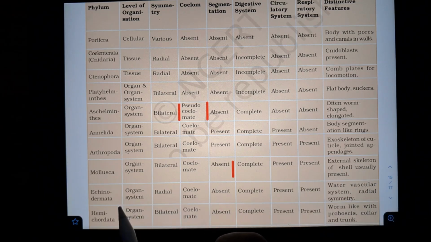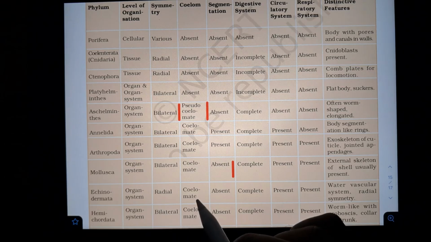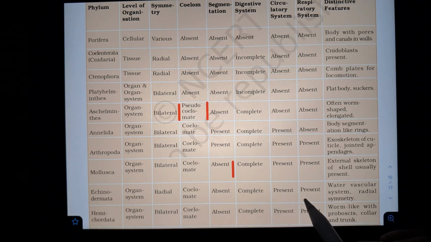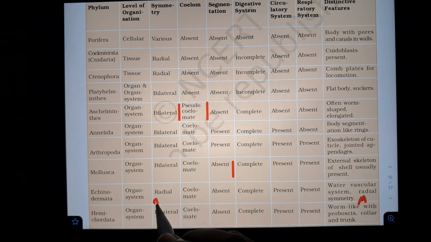Next, Echinodermata: organ system, radial symmetry, coelomate, and no segmentation. Complete digestive system, and circulatory and respiratory systems are present. The water vascular system is one of the distinguishing features of Echinodermata. The adult represents radial symmetry, while the larva represents bilateral symmetry.